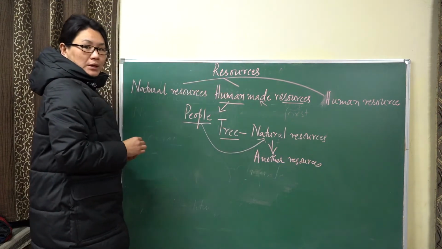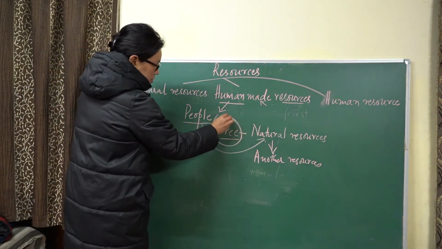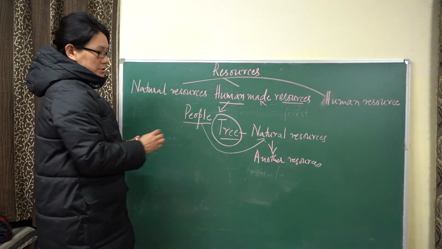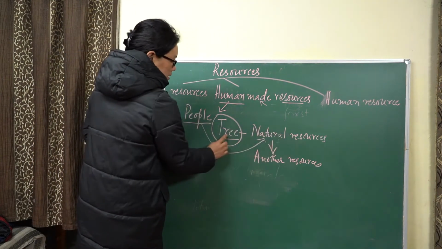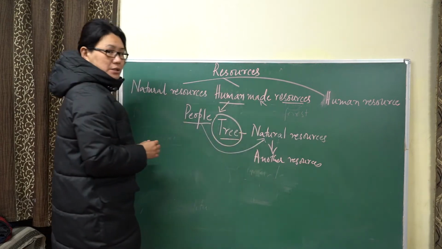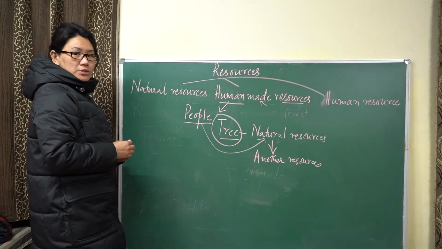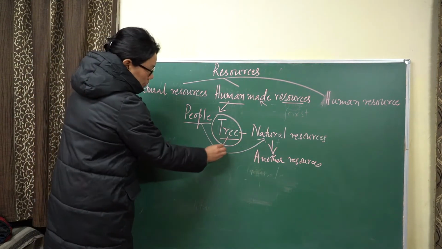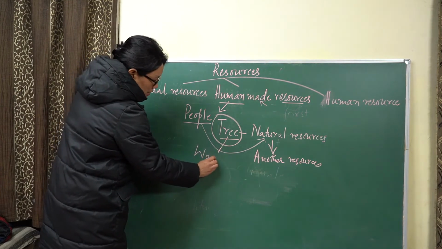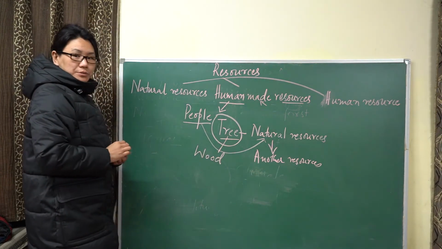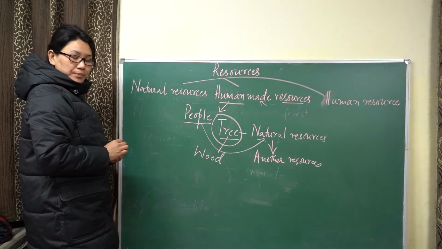Alright. Now, see here, tree. Tree, natural resources. This will come under the category of natural resources. From here we get wood. Right.